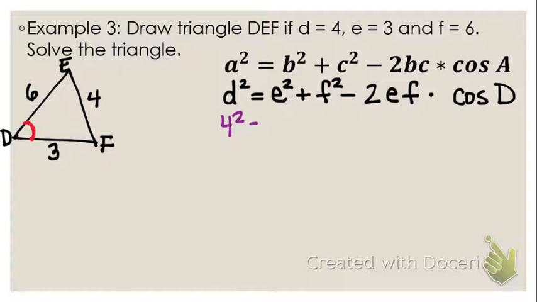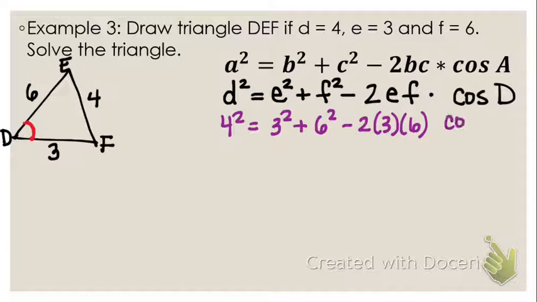So 4 squared equals 3 squared plus 6 squared, and again you're going to do this piece, then you're going to do 3 squared plus 6 squared, and then 2 times 3 times 6.